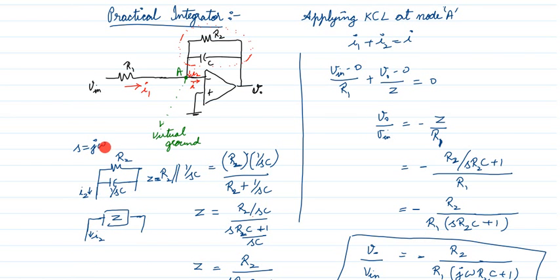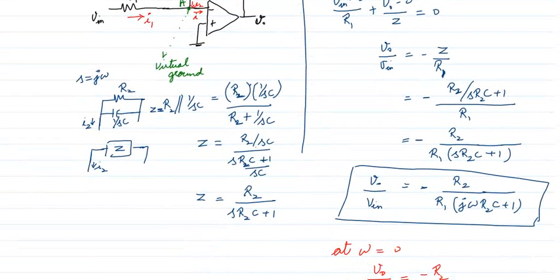For convenience, instead of having j omega, I am replacing j omega with S. I have found out Z already. So I2 is V naught, this potential minus 0, by Z. So V naught by V in is equal to minus Z by R1. Now you substitute the Z value, and with some mathematical manipulations you get this expression, R2 by R1.